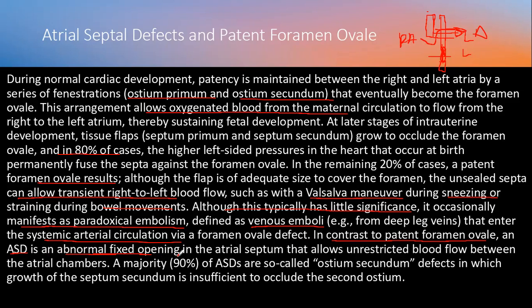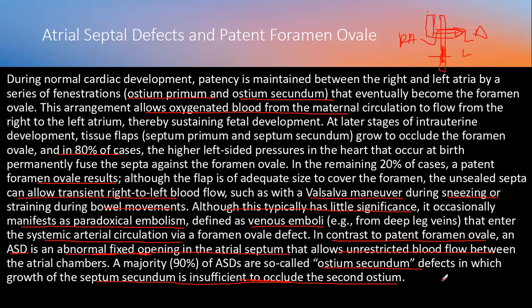It is a fixed opening in the atrial septum, which allows unrestricted blood flow between the atrial chambers. The majority are so-called ostium secundum ASDs, in which the septum secundum is insufficient to occlude the ostium secundum, or the second ostium.